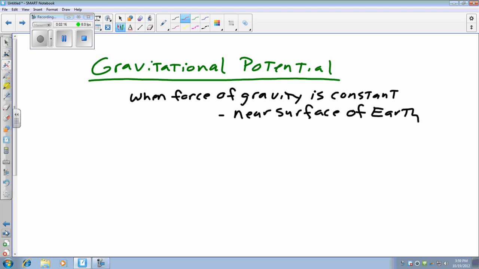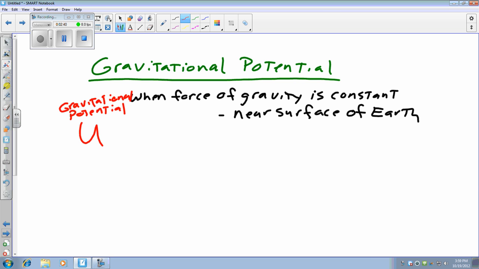Now, here's the thing. The letter U represents gravitational potential energy. And I wish I could tell you why it's U. I should probably look it up and let you guys know, but in the end, the letter U represents gravitational potential energy.